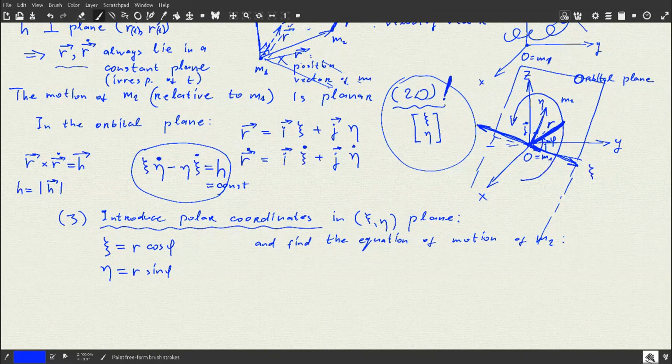Or maybe M1 is Mars, and M2 is one of the moons of Mars or interplanetary probes orbiting Mars. Typically, although it is not necessary, in real-life situations in astronomy, we would put the body with bigger mass in the origin, so we would probably think that M1 is greater than M2, although for our equations it doesn't matter at all.